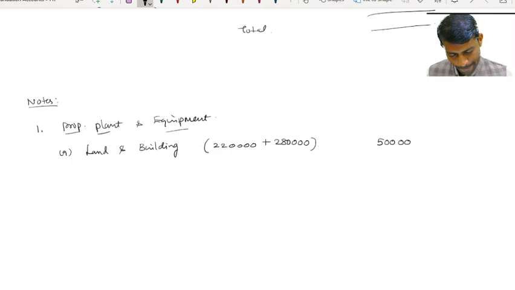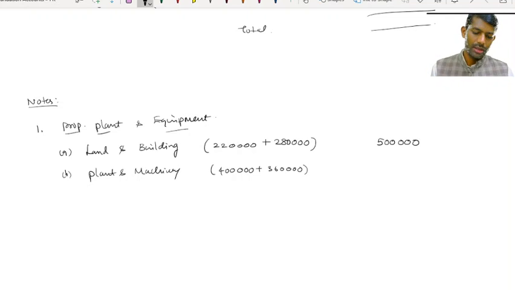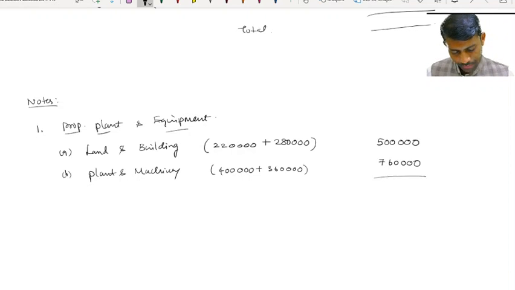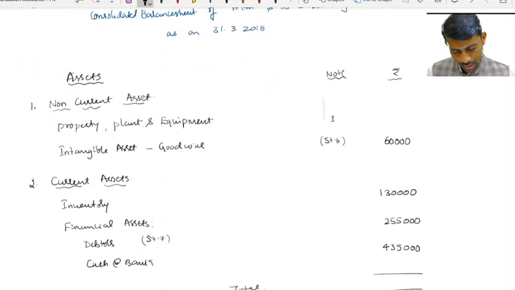Then plant and machinery, 4 lakh plus 3 lakh 60,000, so it is 7 lakh 60,000. In total it is 12 lakh 60,000.